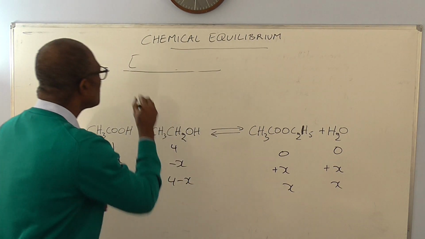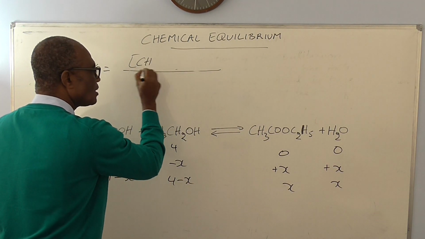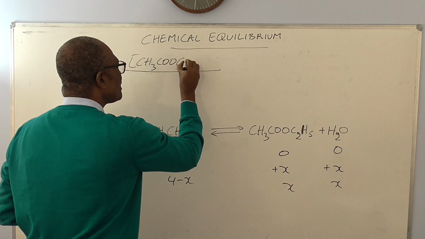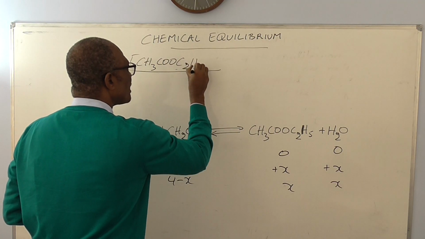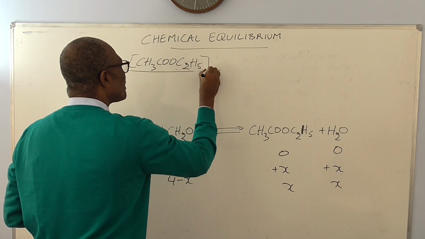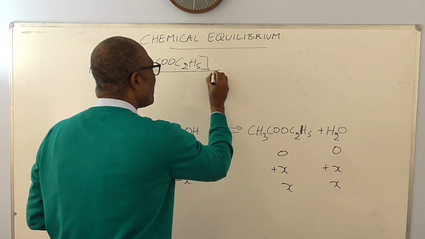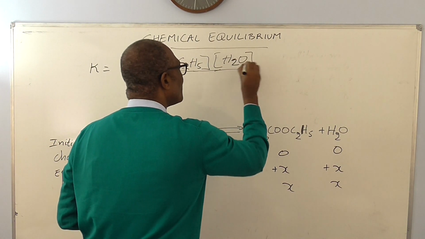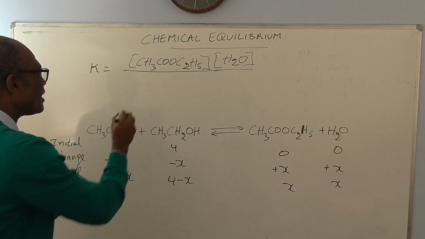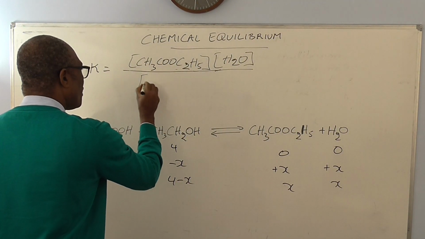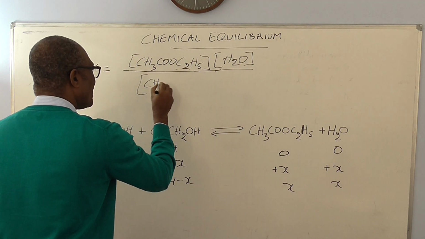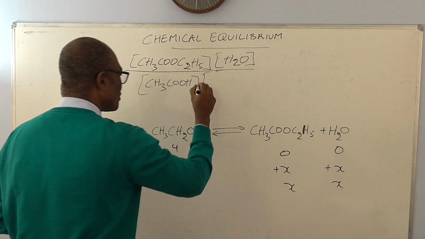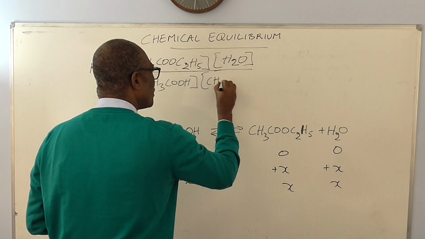So CH3COOC2H5, the concentration, and multiply by the concentration of water. And then divide by the concentration of the ethanoic acid multiplied by the concentration of ethanol.